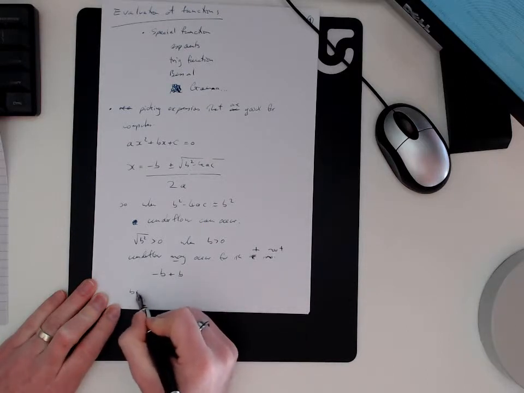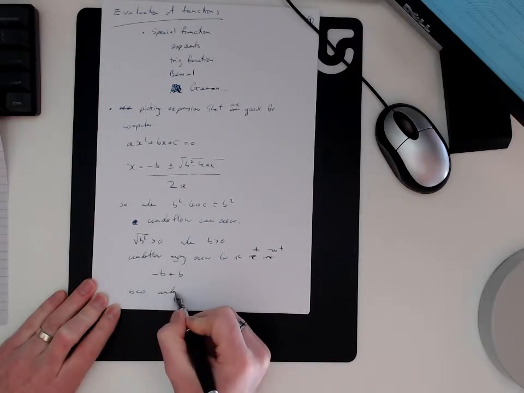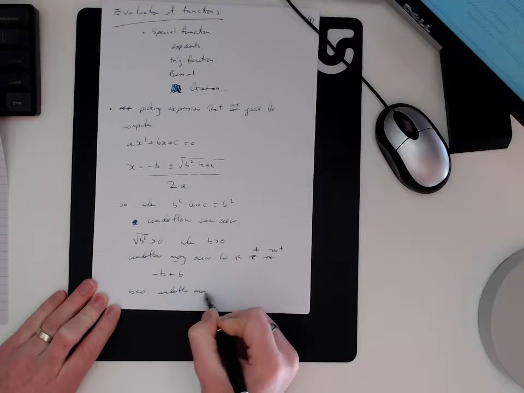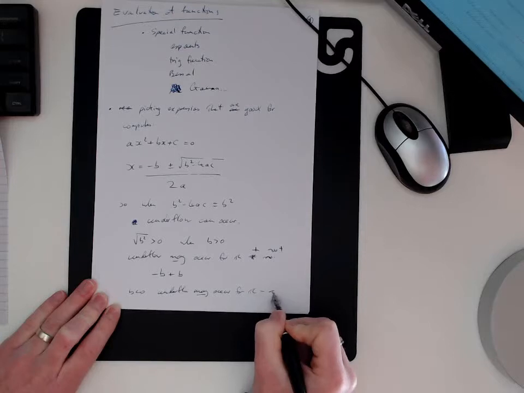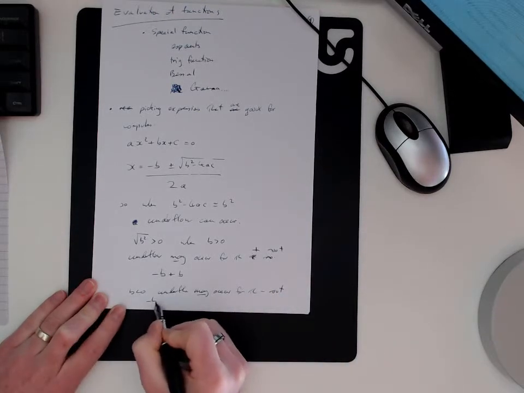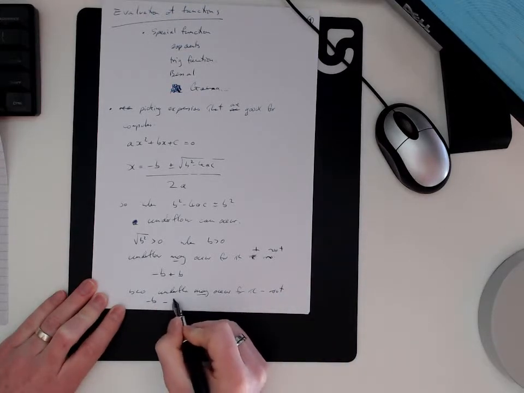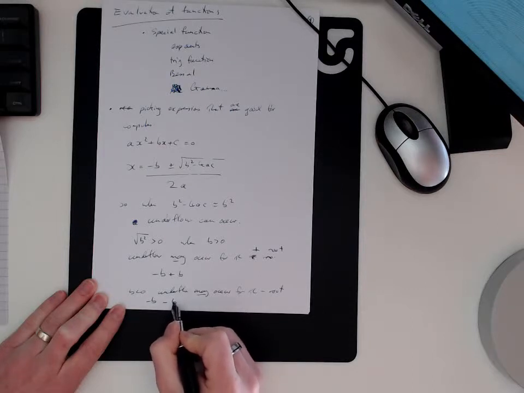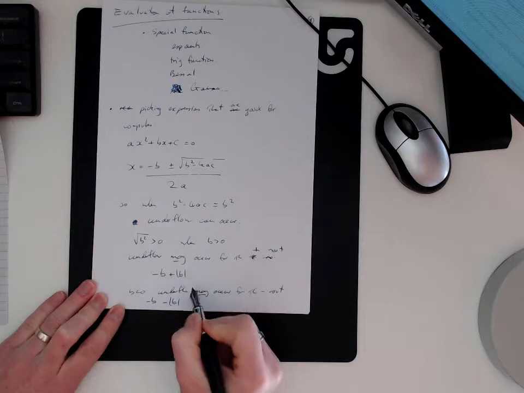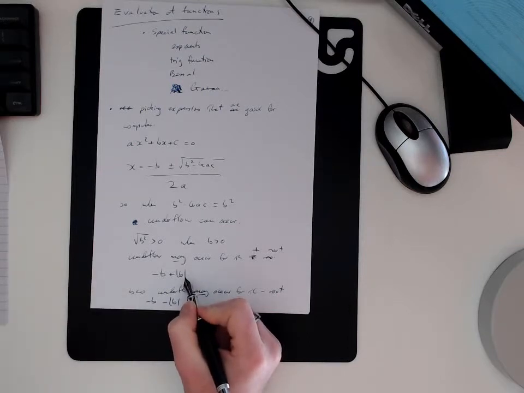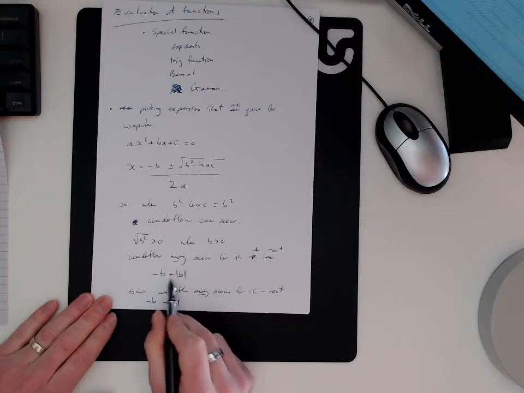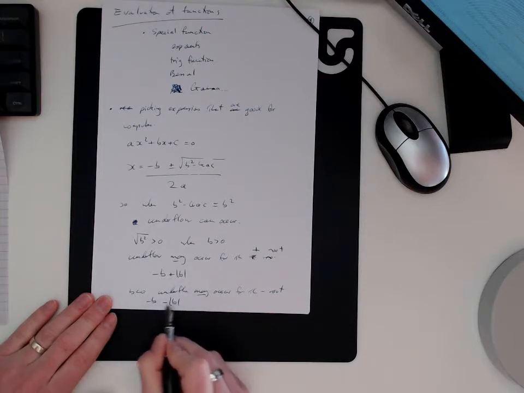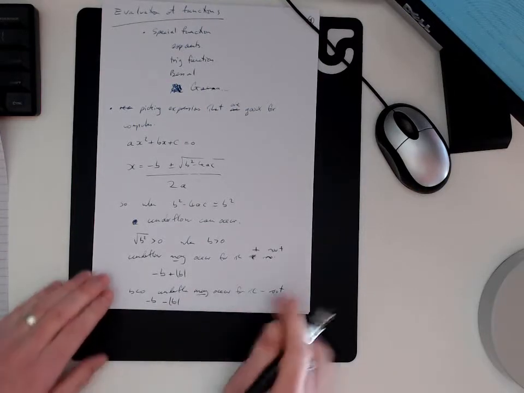And when b is less than 0, underflow may occur for the minus root. Because then we have minus b, which is positive, minus something that is close to the absolute value of b, so it could be close to 0.